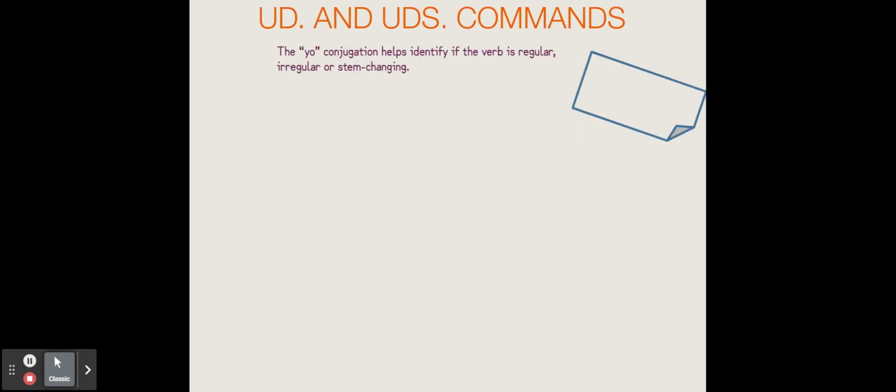And as you may remember from last chapter, we use the yo conjugation in order to identify what verbs are regular, what verbs are stem changing, and what verbs have some kind of irregularity. Okay, y nuevamente the endings, en, an.